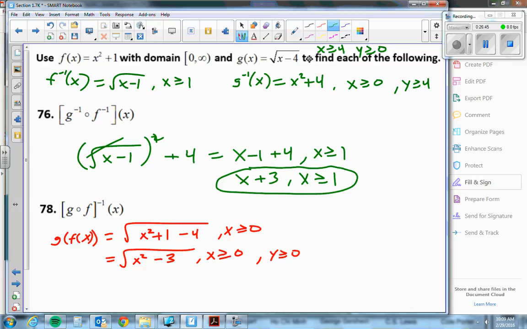Basically, since you're right, the domain of this is 4 and above, that means this can't produce anything below that. Just write the domain of the inner, okay? And that's usually sufficient.